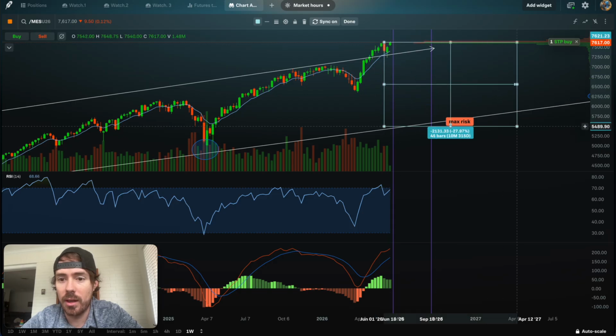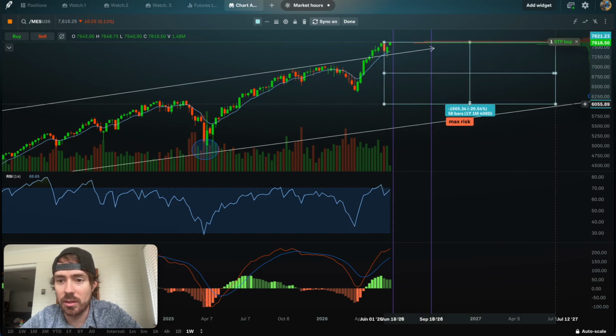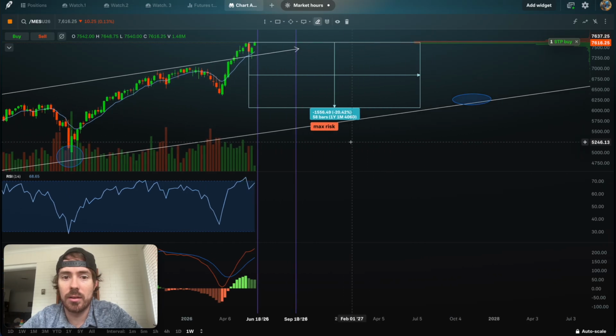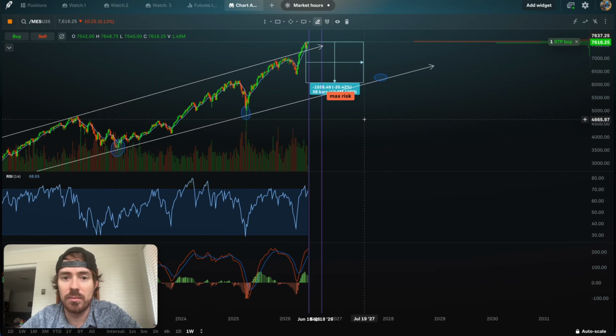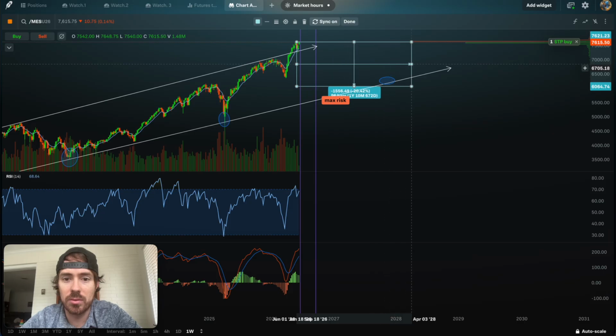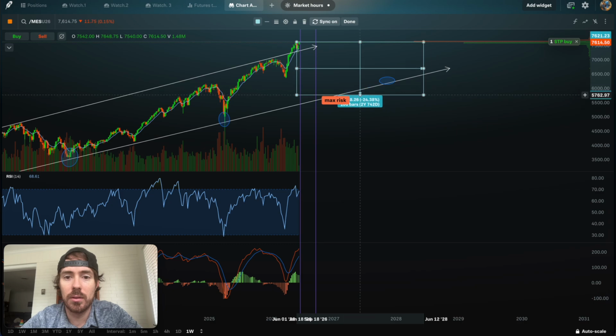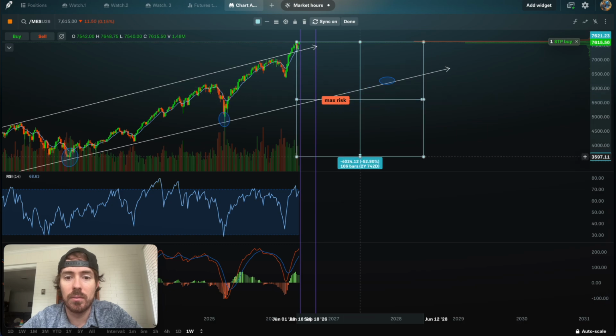You're going to grab that, and then you're going to simulate that drop. So we could just say 20%, and then you can go into the future, just to give you a visual, there's 2 years. So if it takes 2 years to recover, this is where it'll be. There's a 20% drop.